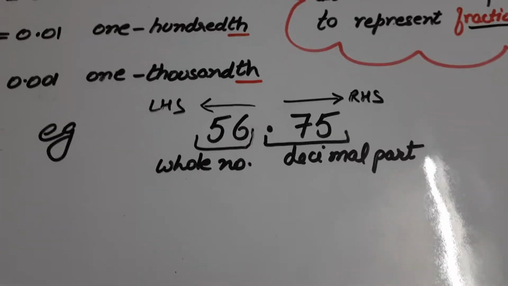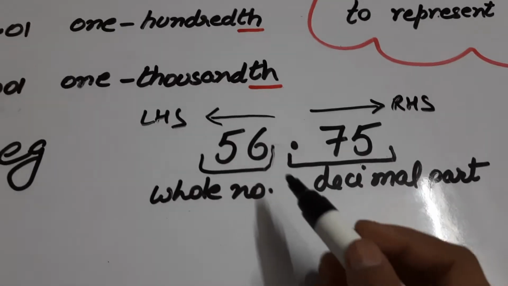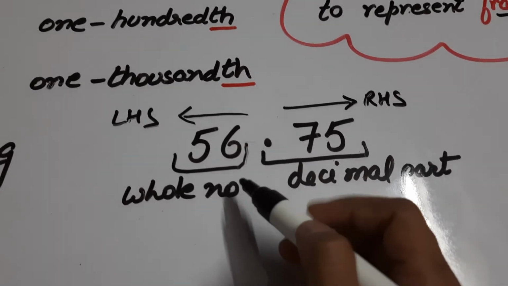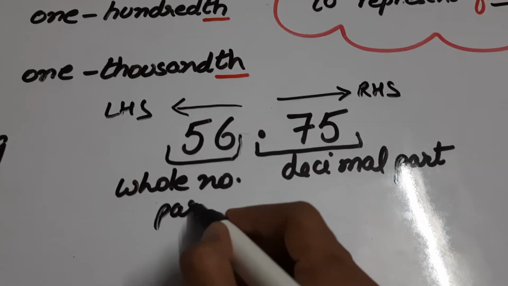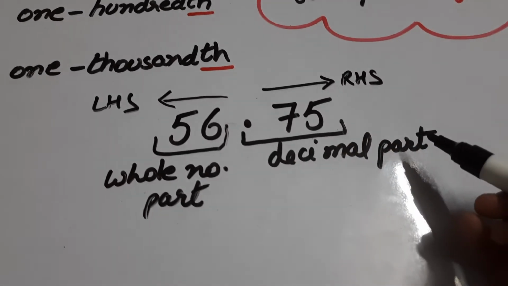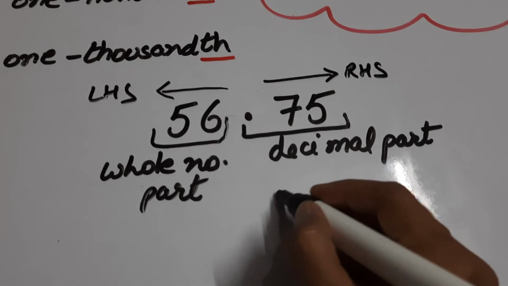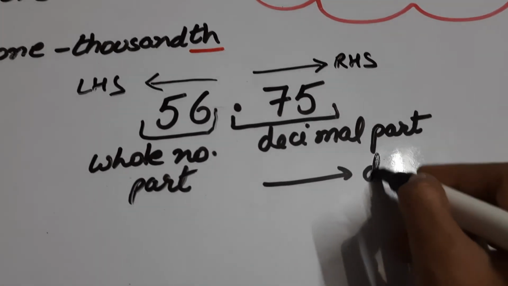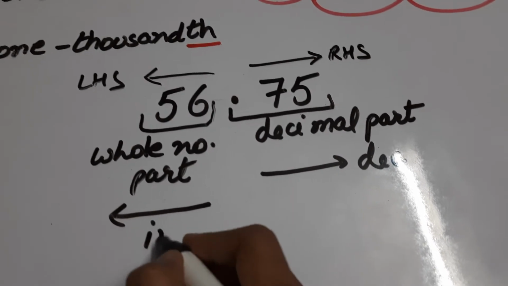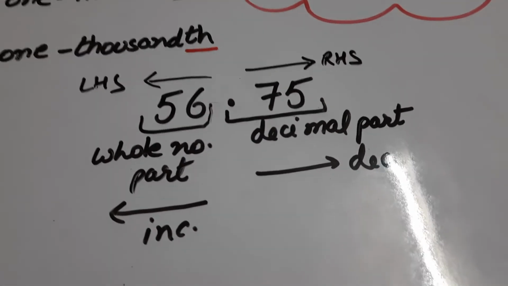So this is the pronunciation. Remember, the left hand side of the decimal is the whole part, and the right hand side is the decimal part, right? On the right hand side, the values decrease. On the left hand side, the value increases, right?